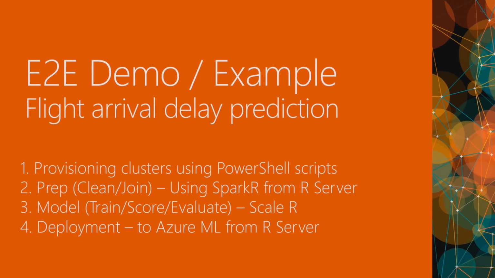In this demo, I'm going to cover how you would provision clusters using PowerShell, how you prepare and join different data sets using SparkR, how you would create models including the scalable functions, and how you deploy the models in Azure ML.